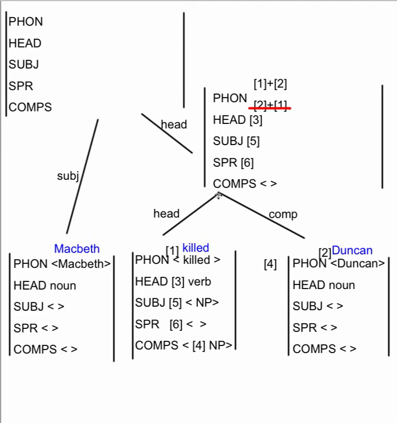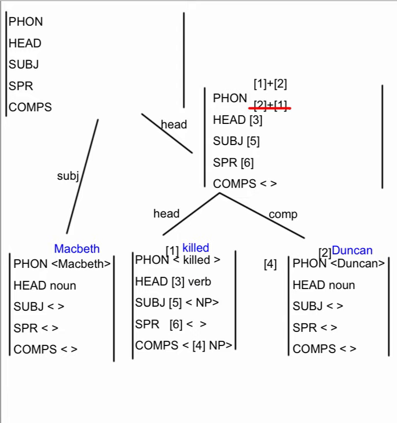In the next step, this verb phrase will combine with the subject Macbeth. This is a head-subject combination, so the constraint on the head-subject combinations that we have talked about earlier will apply here. But let's start with the phonology principle. The phonology principle says that the phonology here is the concatenation of the phonologies of the daughters.